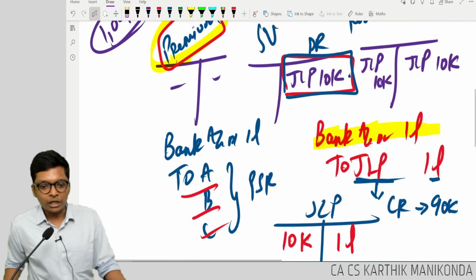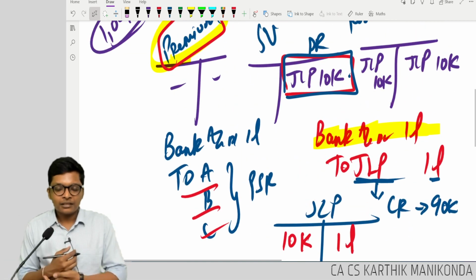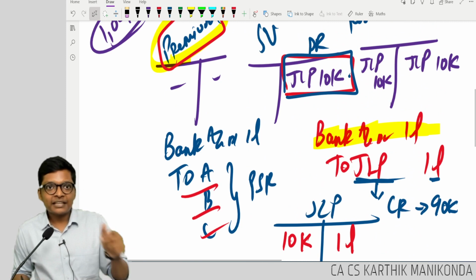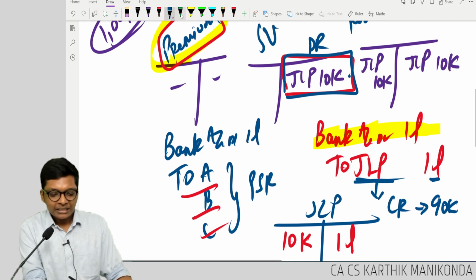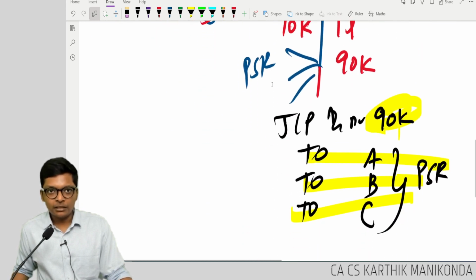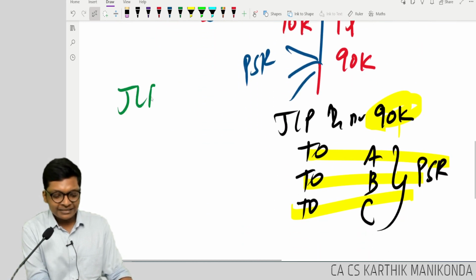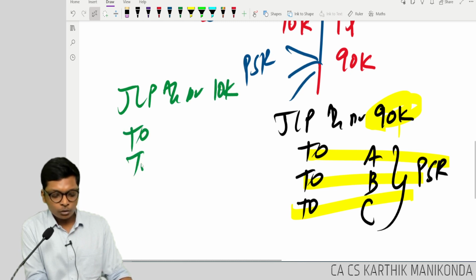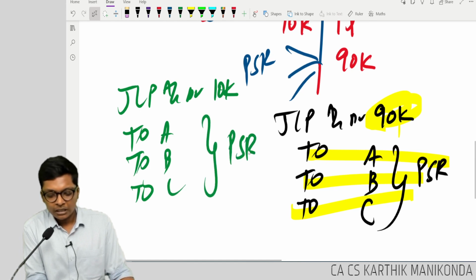Why 10,000 is not given? Already 10,000 is given to partners. How? This 10,000 in the balance sheet was created by passing this entry. JLP account debit 10,000 to A, B and C in profit sharing ratio.